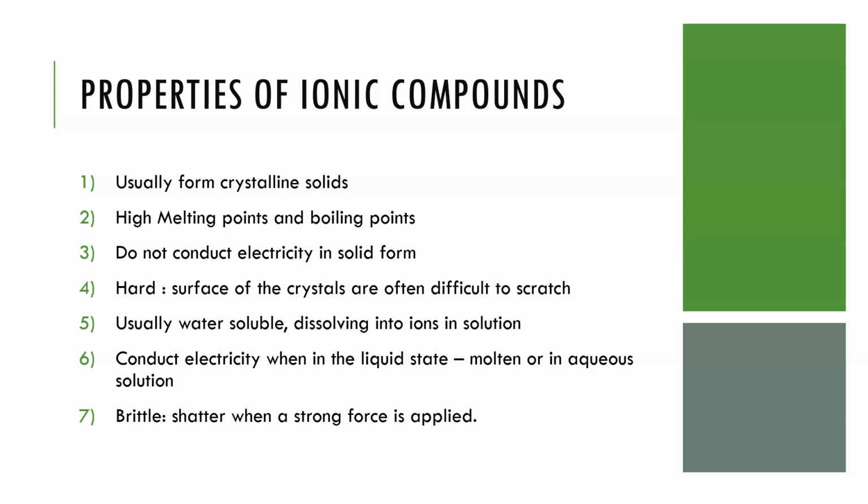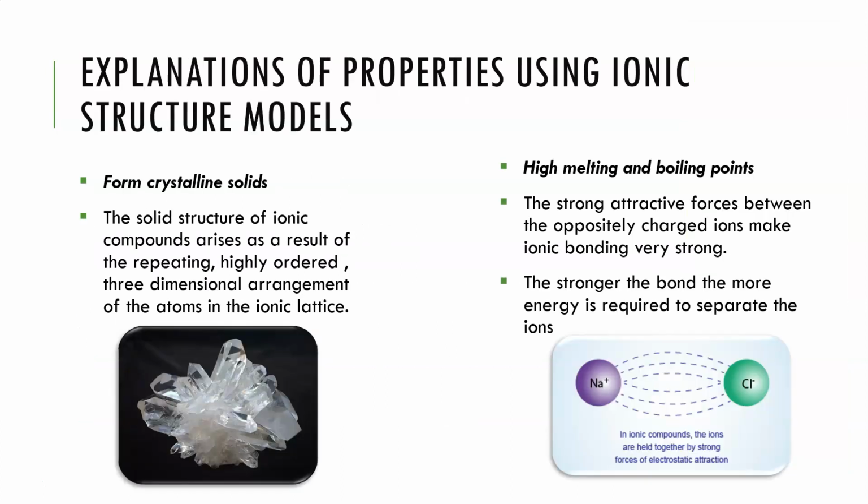They will conduct electricity if we heat them up and melt them into the liquid state, or if we dissolve them into water forming an aqueous solution. And they are brittle, which means that they shatter if we hit them with a hammer or a strong force is applied. So each one of these properties can be explained according to the ionic bonding model, and you should be able to write these explanations in questions for tests and exams. So let's look at them in detail.